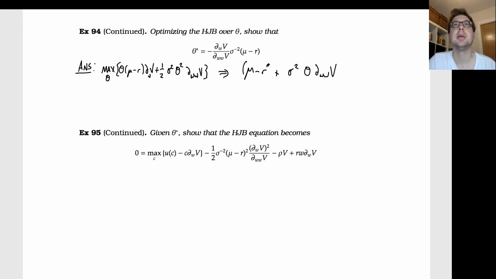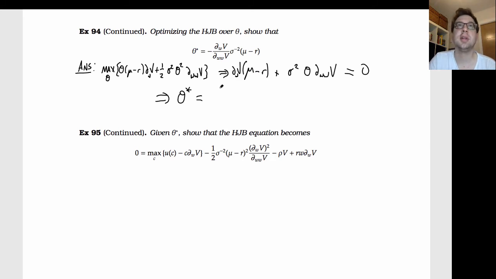That's my bad. So we need this to be equal to 0 for a stationary point. So if we differentiate this, we get this, and for it to be a maximization, we set it equal to 0.